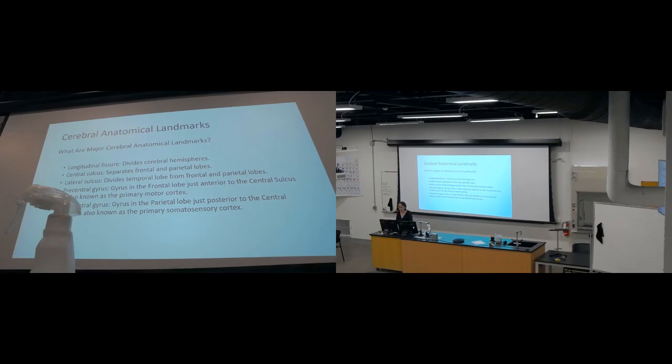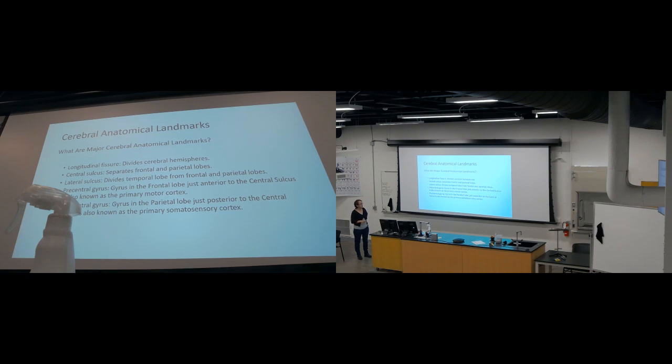So, superficial landmarks of the brain. We have the longitudinal fissure that divides the right and the left hemispheres, and the central sulcus that separates the frontal and parietal lobe and runs vertically like this. And then we have the lateral sulcus that runs horizontally and separates the temporal lobe from the frontal and parietal lobes.